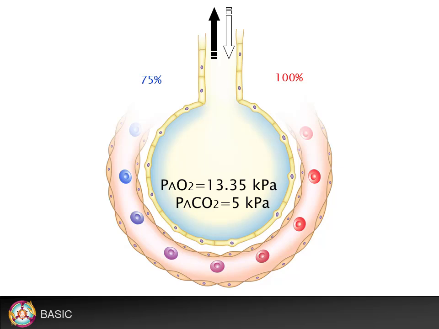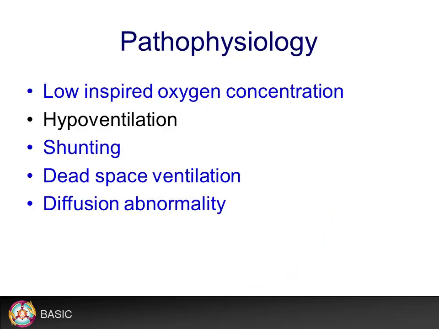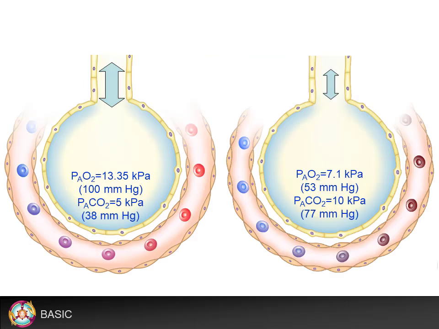Under normal circumstances, the alveoli are both ventilated and perfused, with the result that blood leaving the alveolus is fully saturated with oxygen. In respiratory failure due to hypoventilation, oxygen in the alveolus is not replenished and carbon dioxide is not removed.